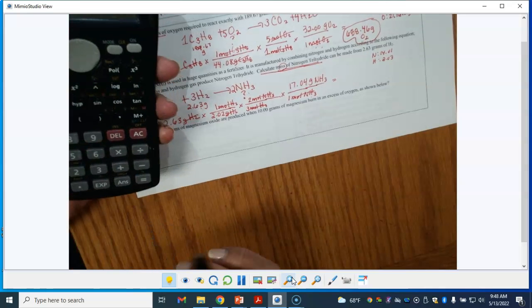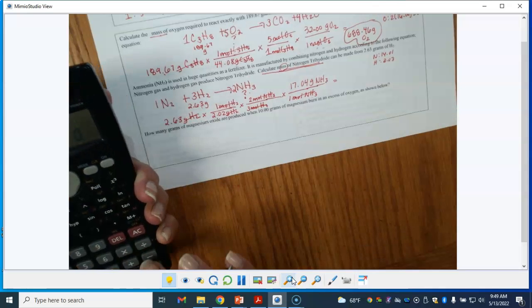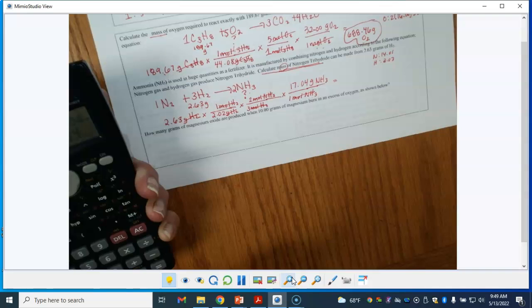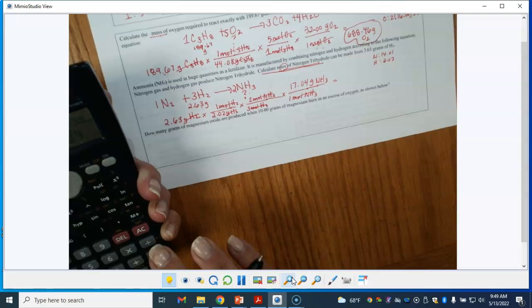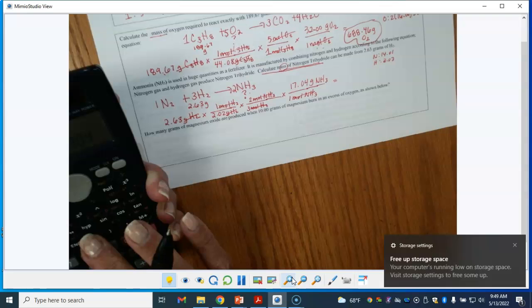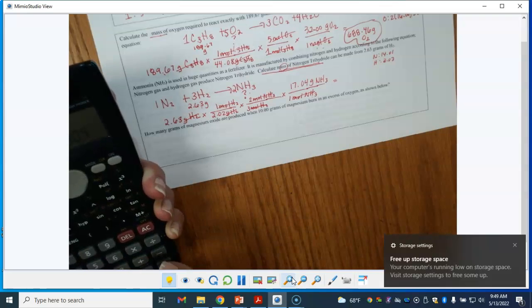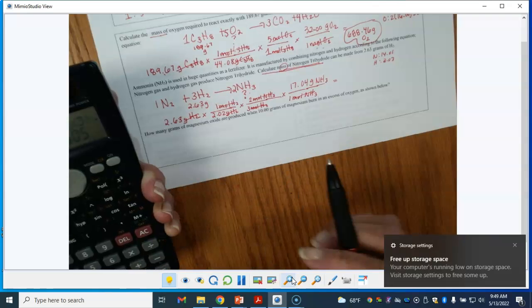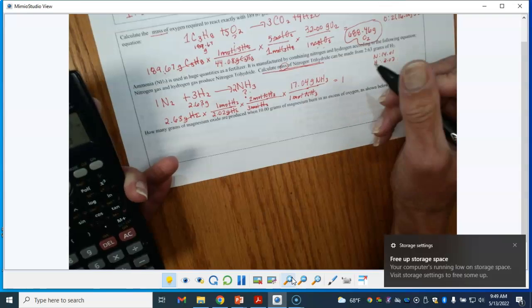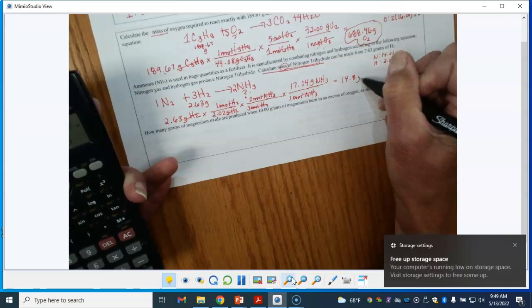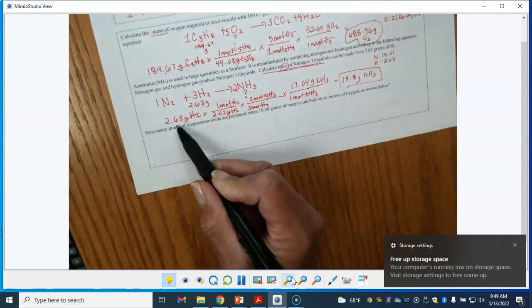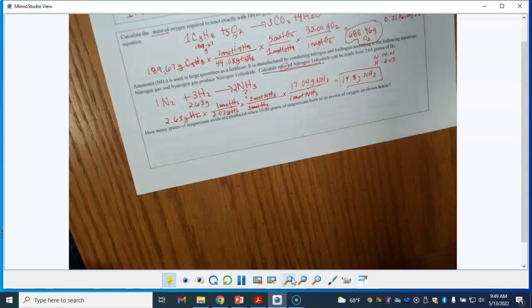I guess you guys, here we go. 2.63 times 2 times 17.04 is equal to, divided by 2.02 times 3 is equal to. I start with 3 sig figs, so I'm going to end with 3. 14.8 grams of NH3 will be produced if I start with 2.63 grams of hydrogen.